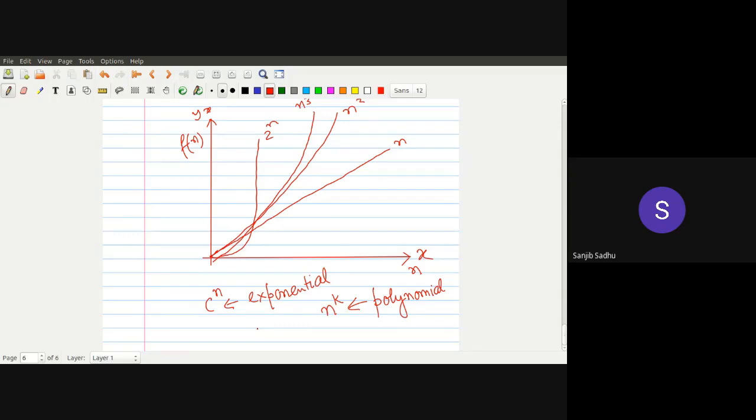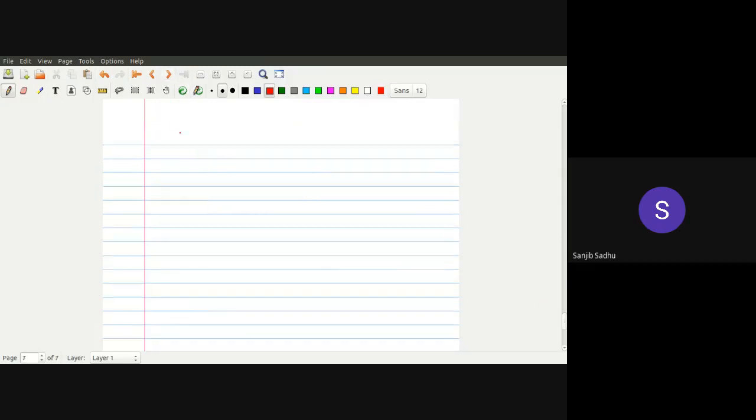Another thing: if T(n) is 2 to the power n plus factorial n plus n log n, say, or 10 into 2 to the power n, what will be the time complexity for this?